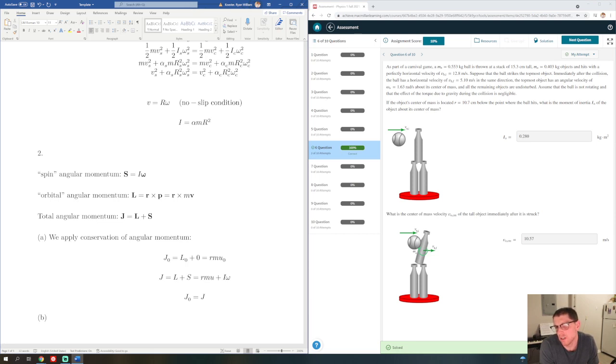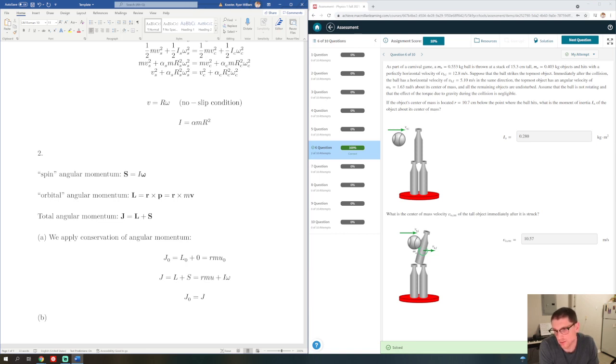So here, I think the easiest way to do this one is just to do conservation of linear momentum, right? You remember that. This is fine as long as we know the center of mass velocities of enough things.